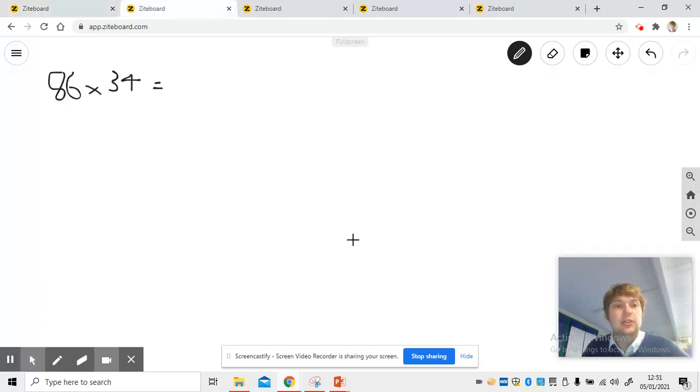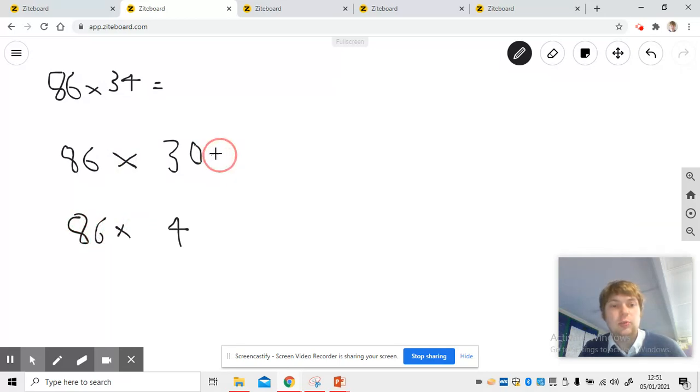Let's have a look at another example to help you out. Here, 86 multiplied by 34. Let's take the second smaller number, and the first step we do is partition it. 34 partitioned becomes 30, and it becomes 4. And we know, just as with the previous example, we're going to multiply 86 by both of these elements.